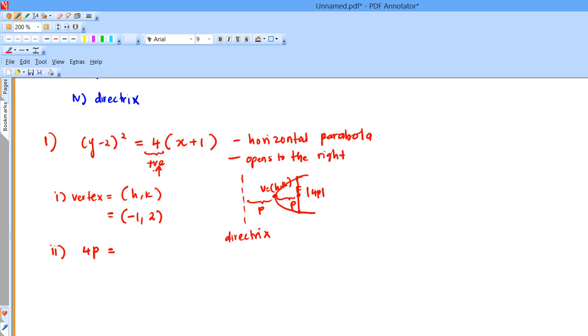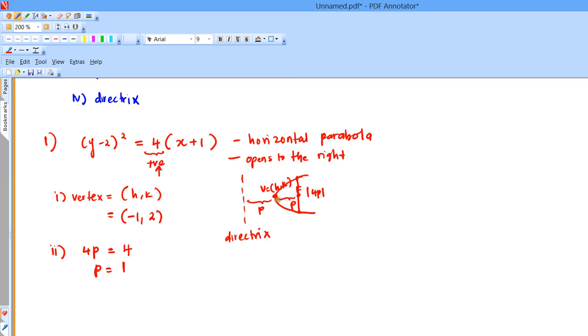If we have -4, we need to know that P refers to distance. So P is always positive, because distance is positive. So if we have -4, we just need to write +4. But here we have +4, so just write 4. So P equal to 1. You need to remember that P must be positive because P is a distance or length.